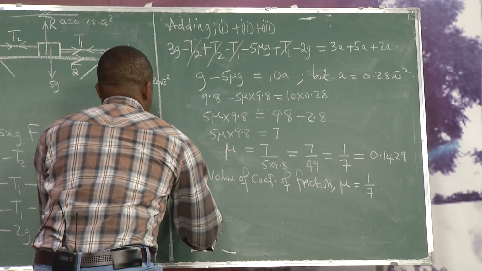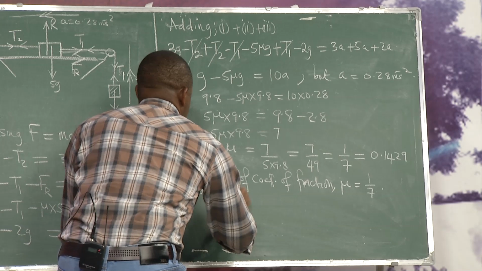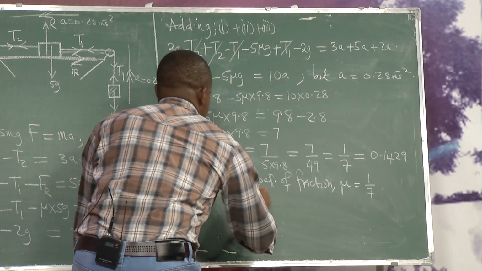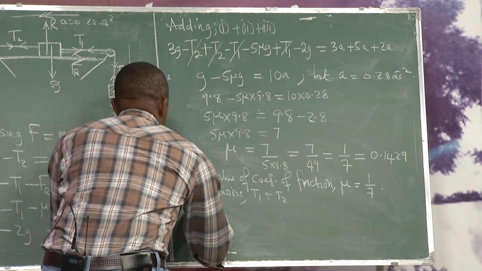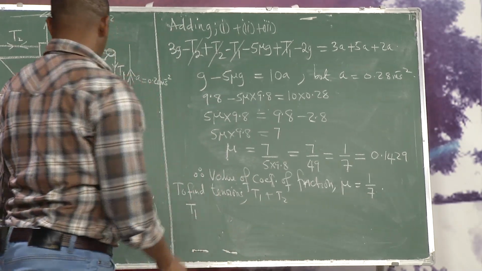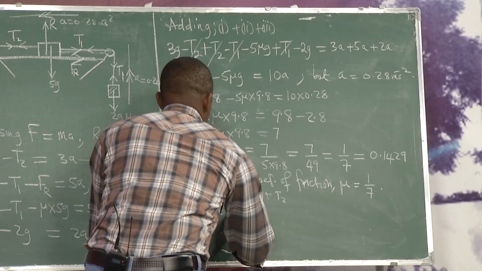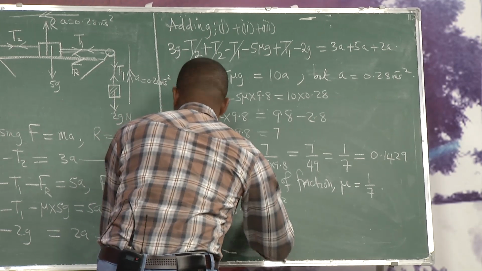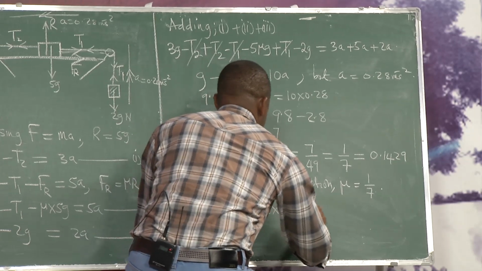Now I said we need to find the tensions, that is T1 and T2. Our T1 from equation 3 will be equal to 2 times 0.28 plus 2 times 9.8.